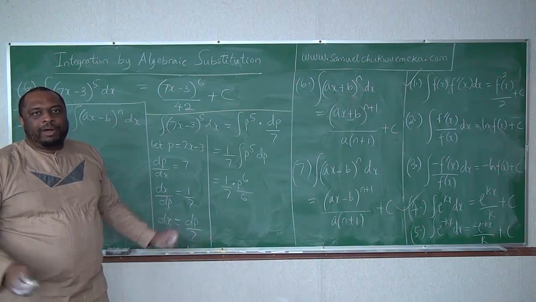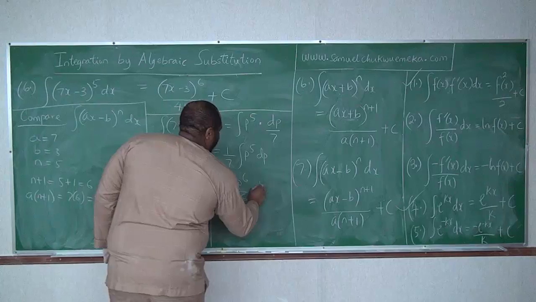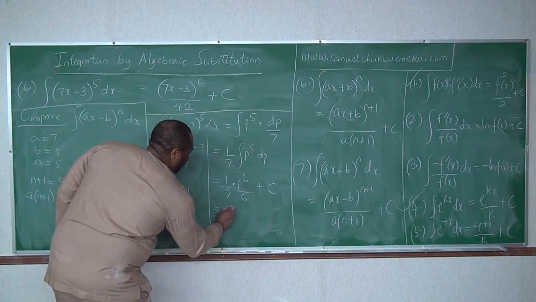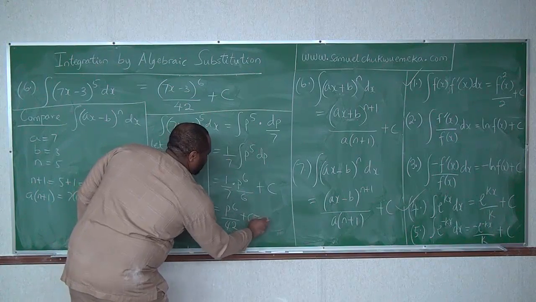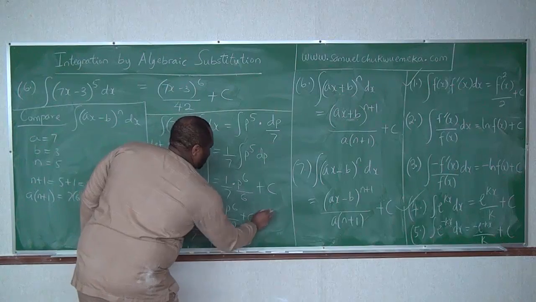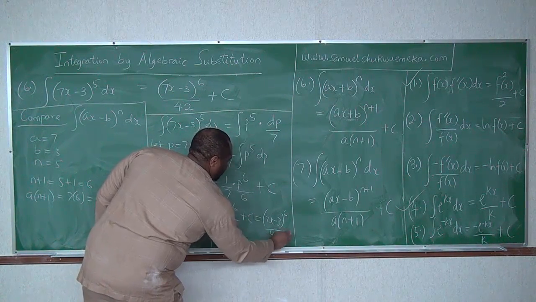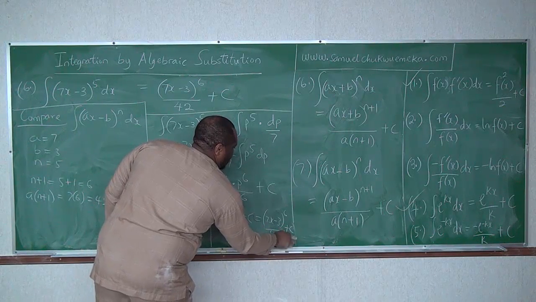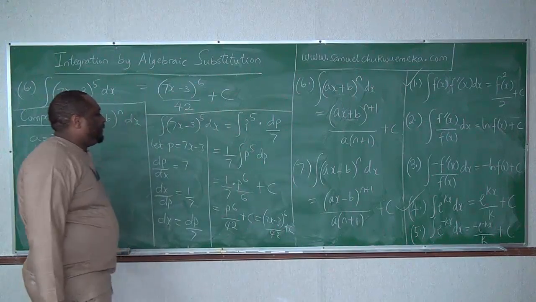Power rule. You know the power rule of integration. Then plus c. So this is p to the 6 over 42 plus c, and you substitute back, which is (7x - 3) raised to the power 6 over 42 plus c.